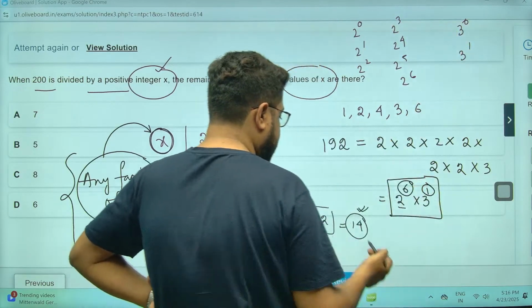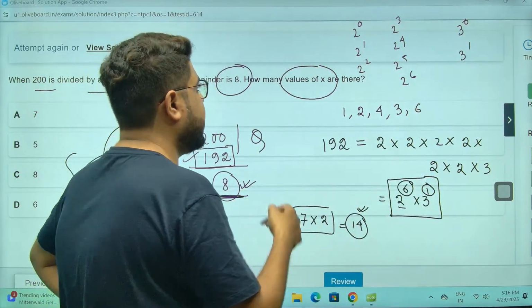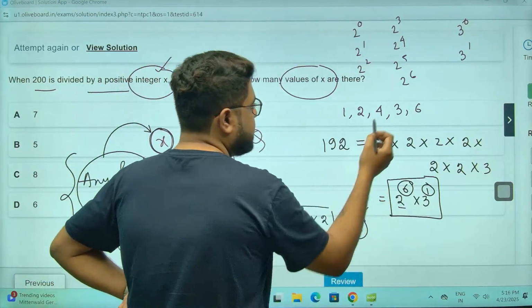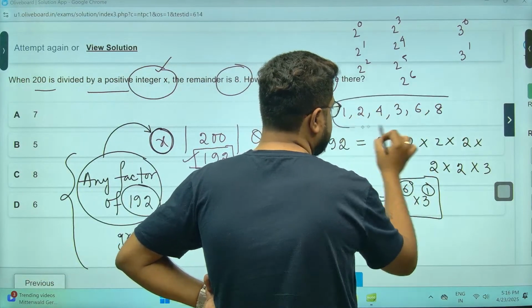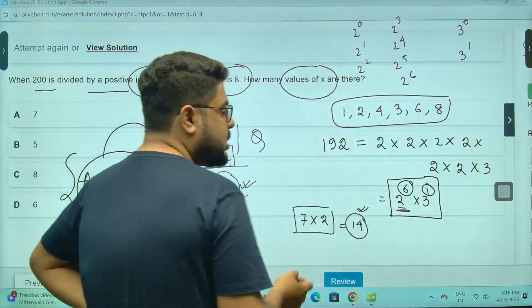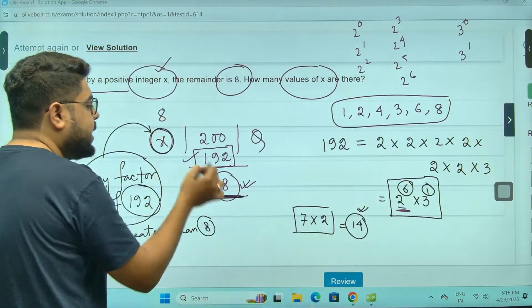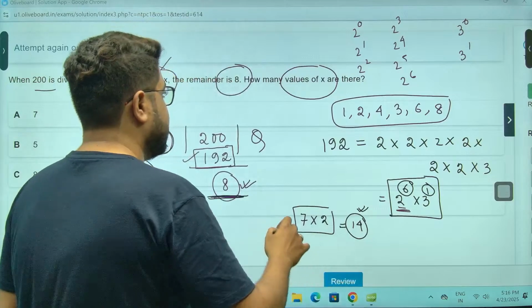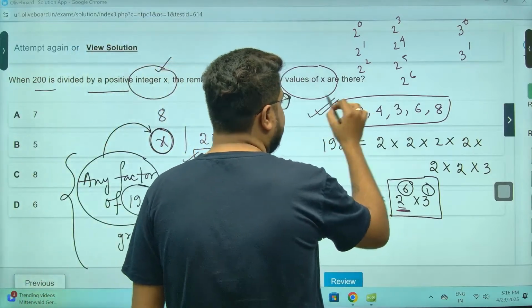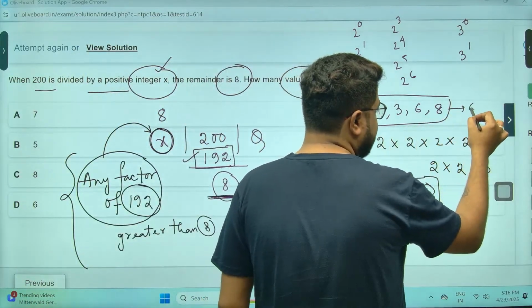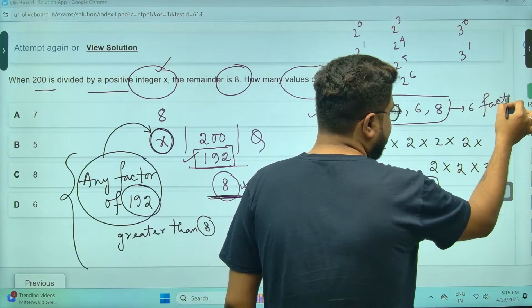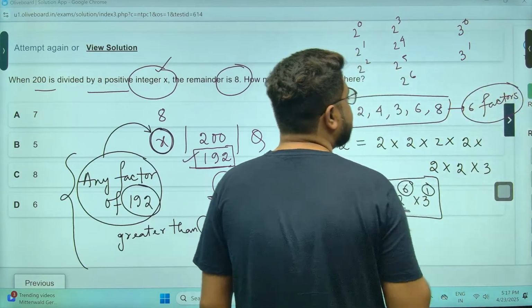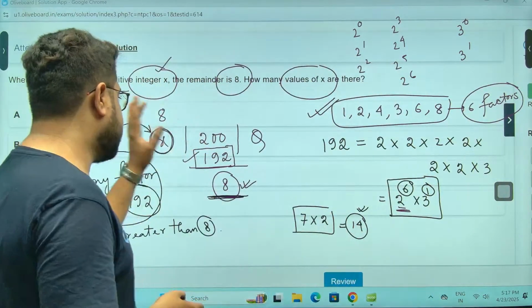अच्छा, 8 भी तो है सर. अरे सर, 8 भी तो है, देखो सर, 8 is also there, 2 cube, because if it is 8, then 8 by 8 is 1, that is divisible. I have to take 8. Yes, 8 is also there, so these 6 factors are not greater than 8.